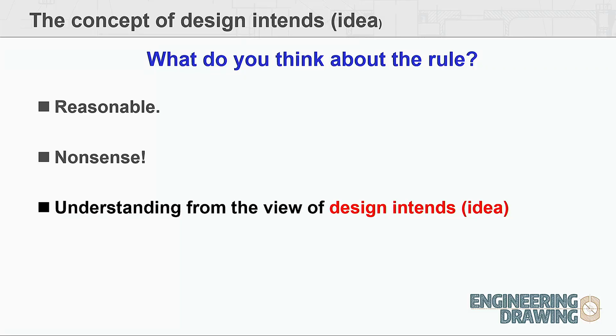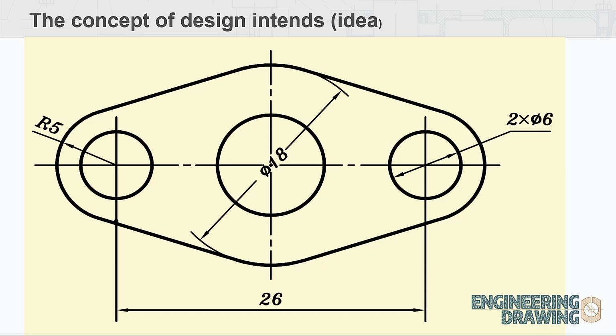Let's look at this picture. Our design intent is we make 3 holes, 3 circles. In the center is a very big circle, and 2 smaller ones symmetrically at 2 ends.